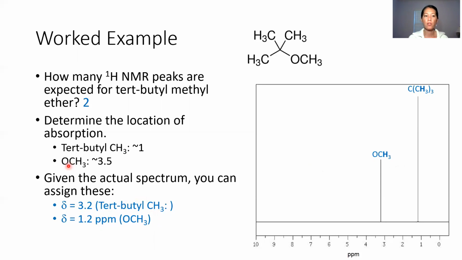But you know that the O-methyl is around 3.5, so this is the O-methyl one, not tert-butyl. And then the 1.2 is the tert-butyl one. So I apologize, I'm going to correct that. But you can see that here, the tert-butyl is around 1, the O-methyl is around 3.5. Here it comes up at 3.2.